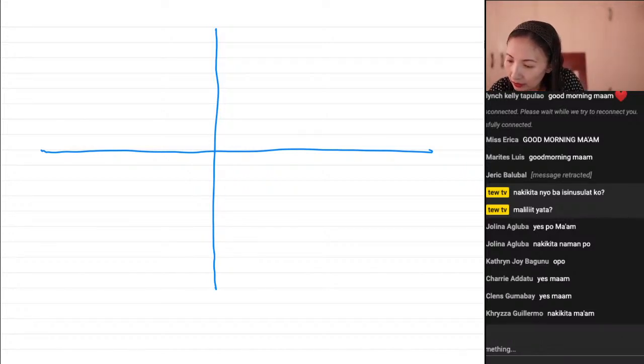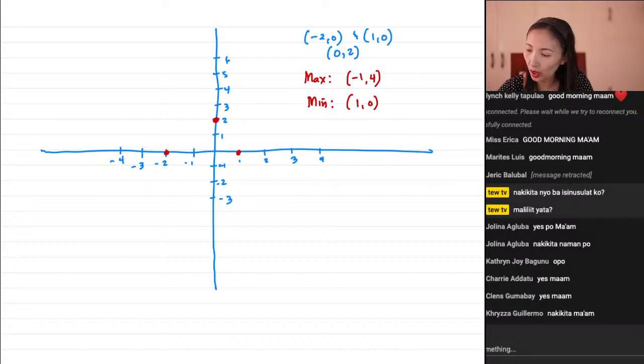The intercepts are 0, and the y-intercept is 0. The local max that we have identified in step number 5 is negative 1, 4, and the local minimum that we have identified is 1, 0.